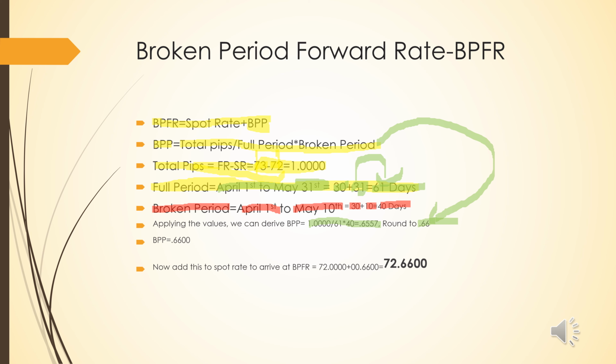For ease of calculation, we can round it up to 0.66. So broken period forward rate equals spot rate, that is 72, plus 0.66, that is our broken period pips, equal to 72.66. That is our settlement price on May 10th.